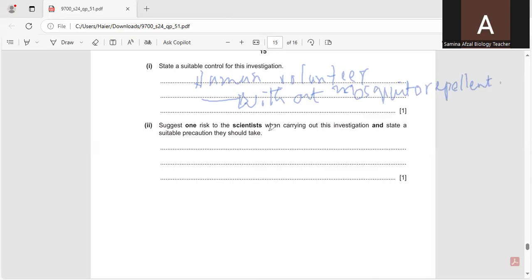Suggest one risk factor to the scientist when carrying out this investigation. So you can see the main risk during this investigation can be when the scientist is handling the mosquitoes, the mosquitoes can bite that scientist.